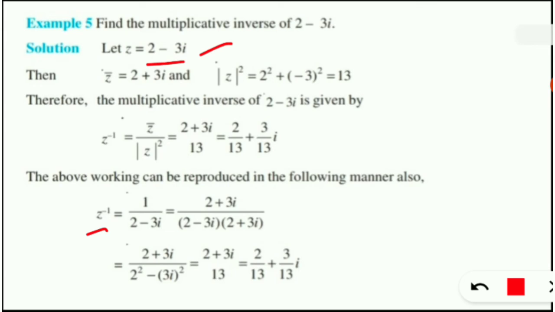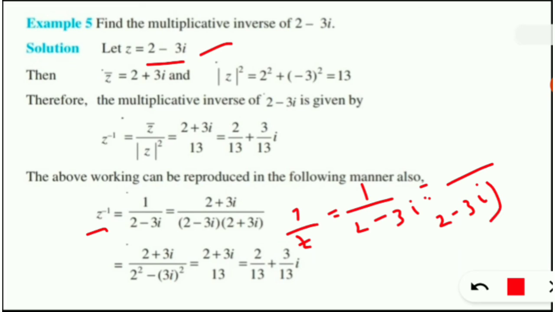The conjugate of 2 minus 3i is 2 plus 3i. So we multiply 2 plus 3i in numerator and denominator.